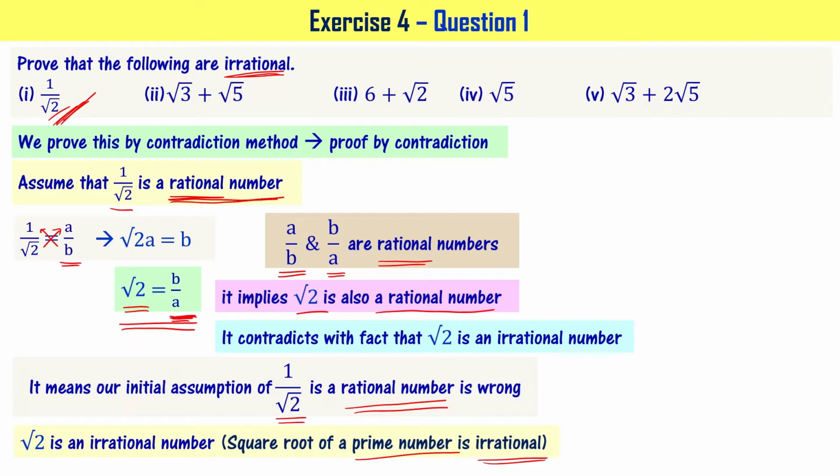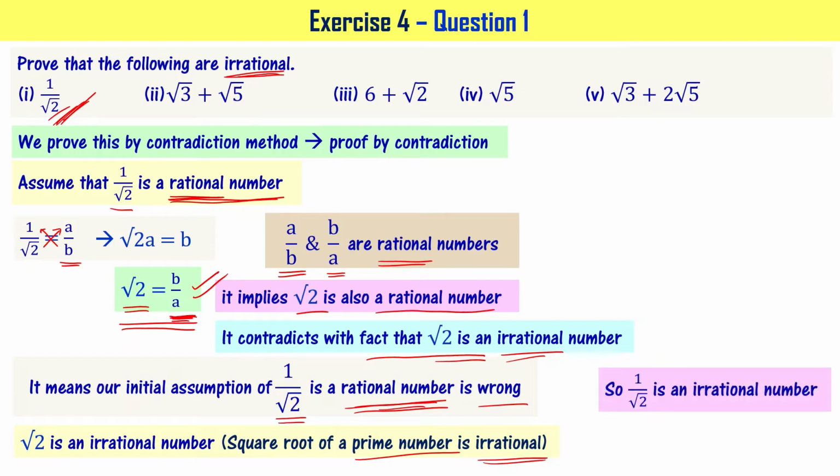That assumption is wrong. That's why whatever equation we got here is contradicting with the fact that root 2 is an irrational number. Since we have seen now that our initial assumption of 1 by root 2 being a rational number is wrong, what we can say is 1 by root 2 is an irrational number.